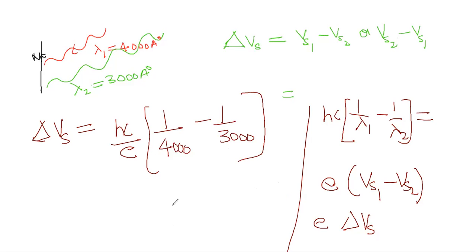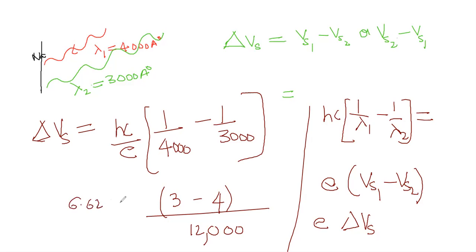What will be the LCM for 4 and 3? 12, is it or not? 12,000. What will come here? 3 times in 12,000 is 4, 4 times is 3,000. Don't worry, 3 minus 4 will give you a negative. That is no problem because we are taking only the delta. What is the H value? 6.625 into 10 power minus 34, into the C value, 3 into 10 power 8.